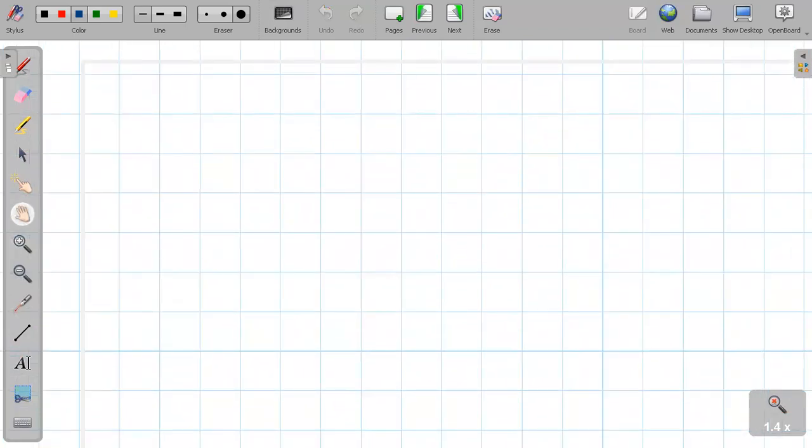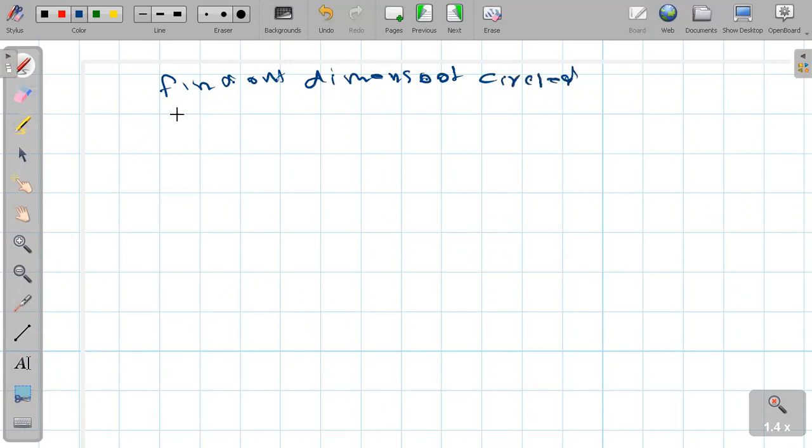Find out the dimensions of these ones that I'm just going to give you now. Find out the dimensions of the circled quantity in the following equations.